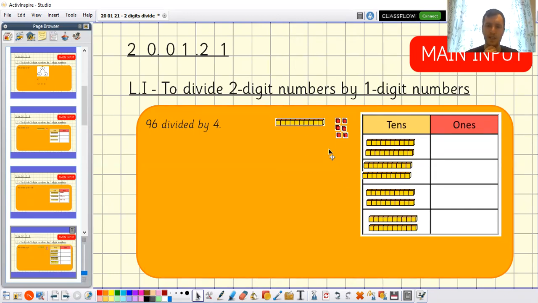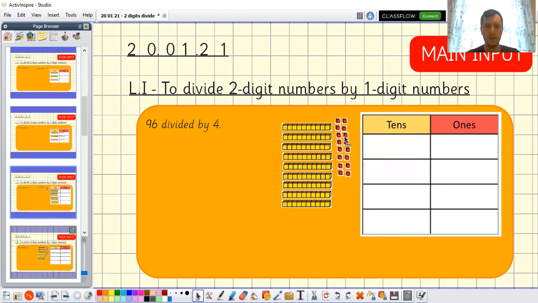What can I do with that spare 10? What can I change it into to help me here? Well, I don't know if you said we can change it into 10 extra 1s. 1 10 is equal to 10 extra 1s. So let me do that. Oh, my 10s have reappeared, so let me share those quickly between those groups again.